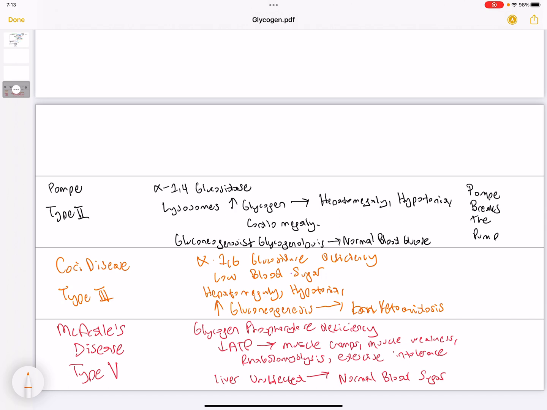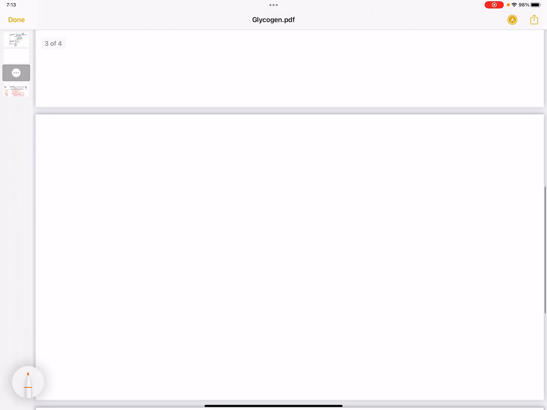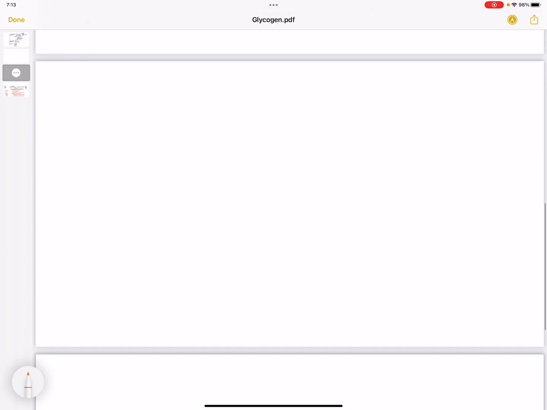Now, the reason why this is going to put the patient at risk for ketoacidosis is because we have an increase in gluconeogenesis. So as you might recall, acetyl-CoA is combined with oxaloacetate to enter the citric acid cycle.